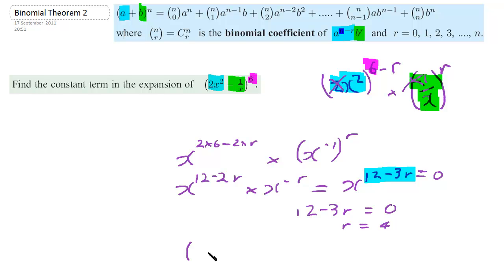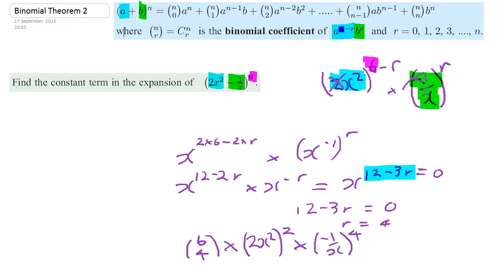So we've got n is 6. We found out r is 4, times by the a term, which is 2x squared, and we've got that all to the power of 6 minus r. 6 minus 4 will be 2, times by the minus 1 over x term, and r is 4.